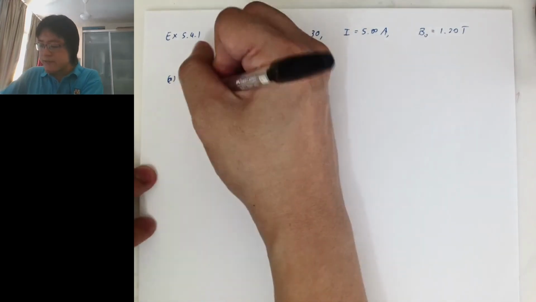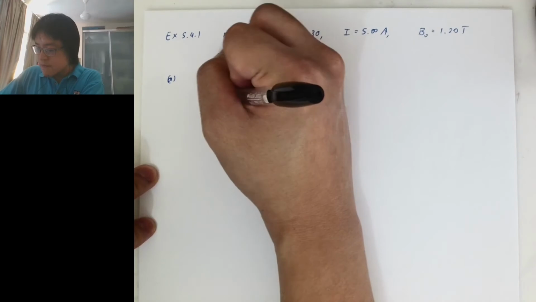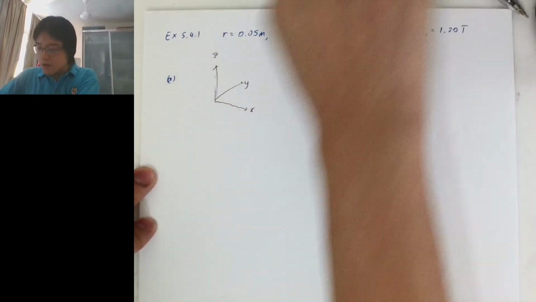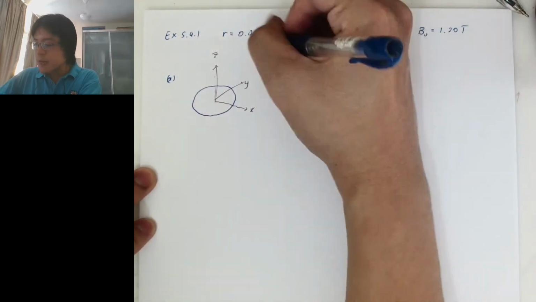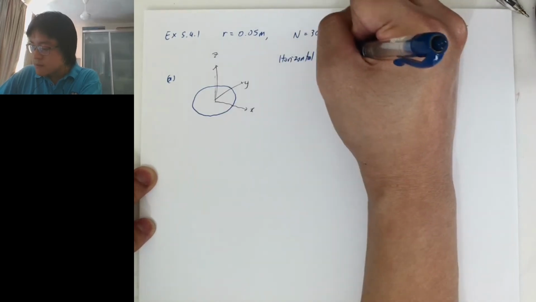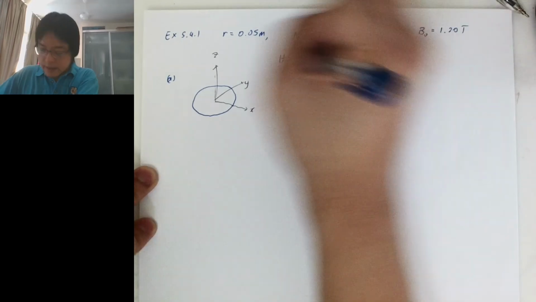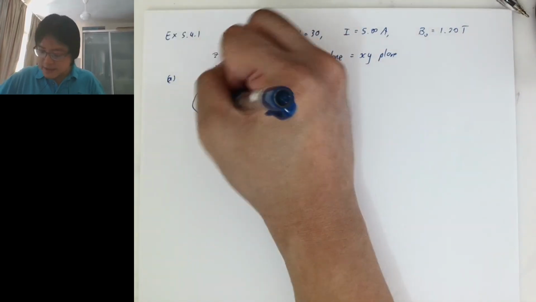It did not define what your xy axes are, so you can define them for yourself. If this is my x direction, this is my y direction, and this is my z, then my coil is in the horizontal plane. I will say that my horizontal plane is the xy plane, and the current, if I look down from above, is anticlockwise.